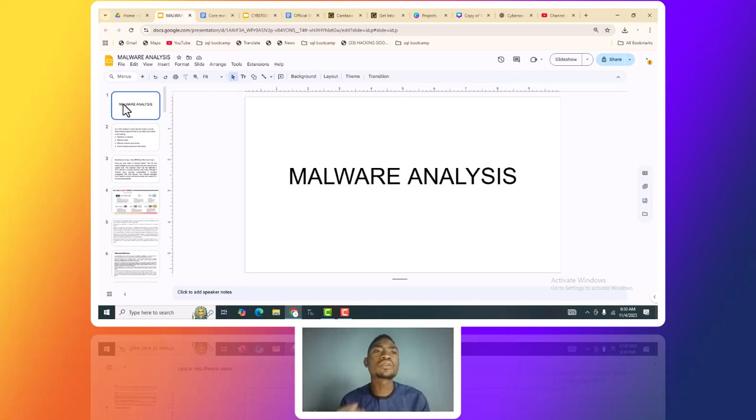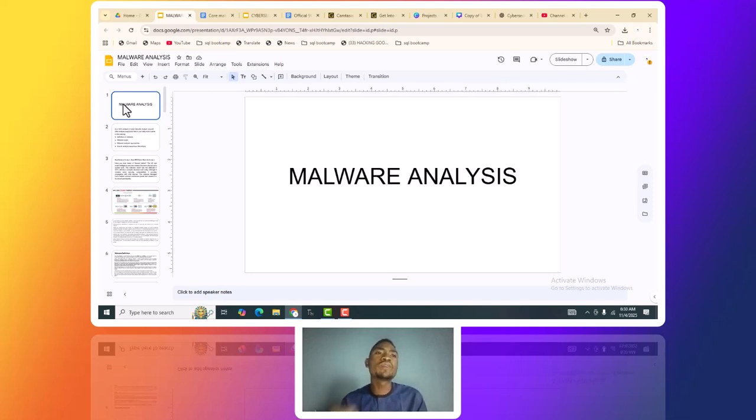So when such code or software enters our system, either our endpoint devices like laptop, mobile phone, or even our network, it causes great harm. It also causes damage or even loss.